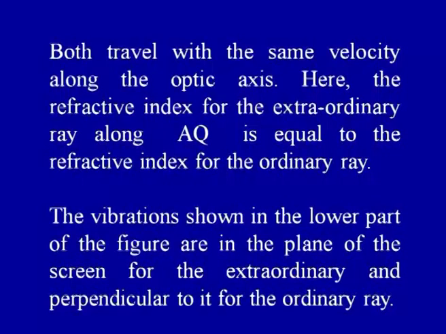Both travel with the same velocity along the optic axis. Remember, which is the symmetry axis. Here the refractive index for the extraordinary ray along AQ is equal to the refractive index for the ordinary ray.